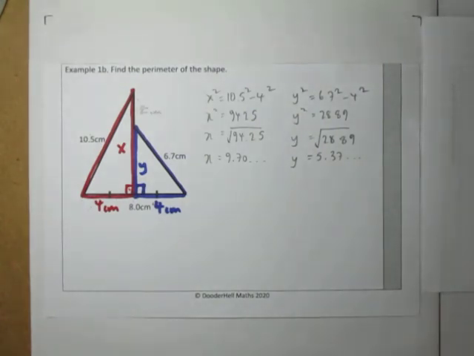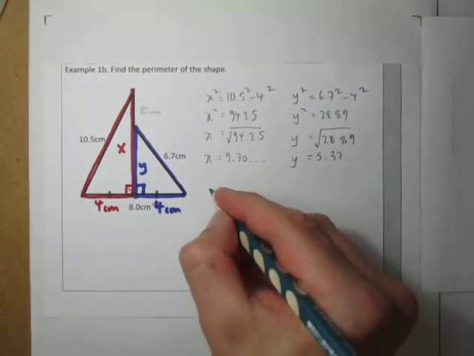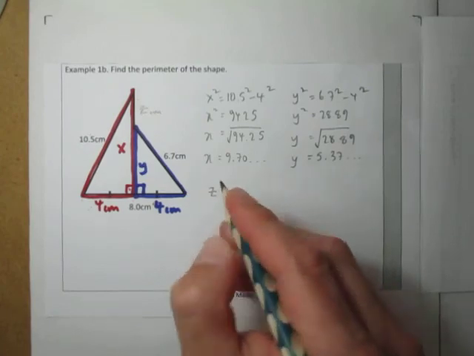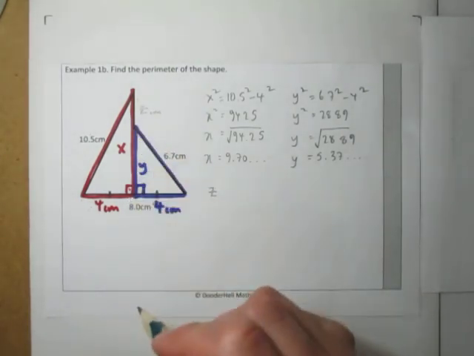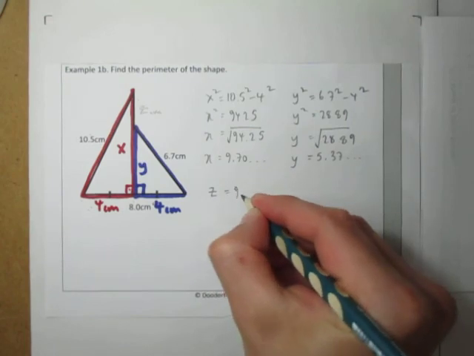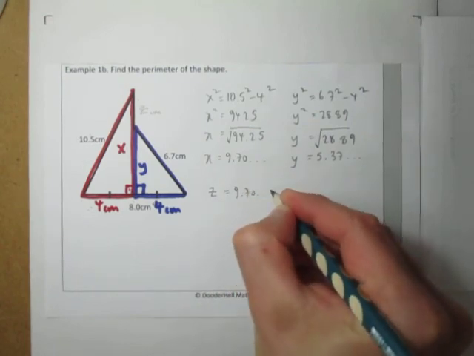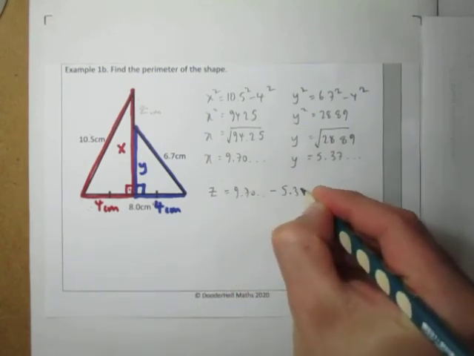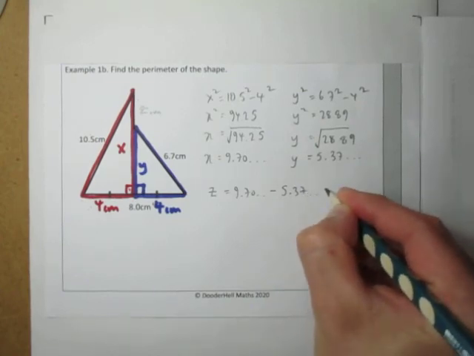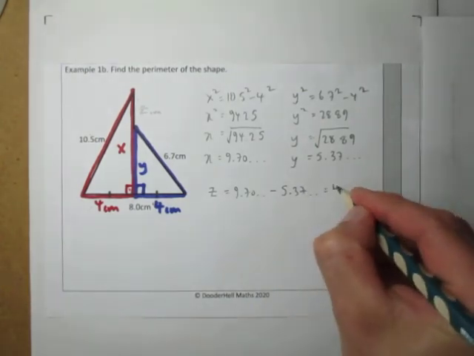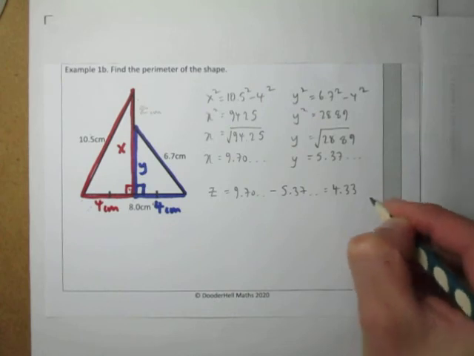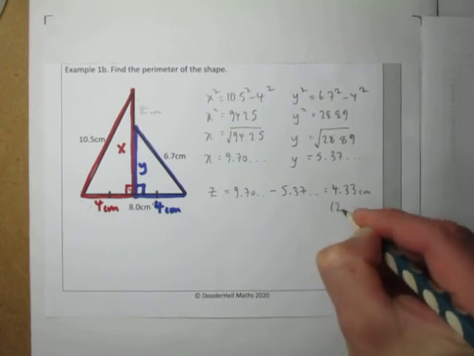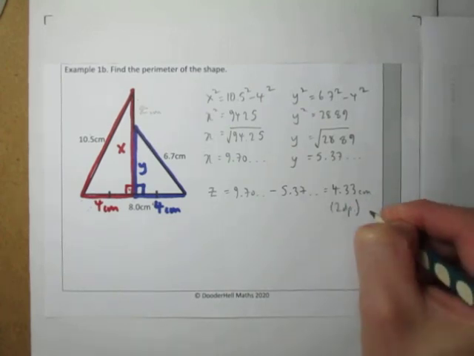Now, to find z, what we know that we need to do is to take away y from x. So z is going to be equal to 9.7 whatever, take away 5.37, okay, which gives me an answer of 4.33 centimeters, and remember that is to 2 decimal places.